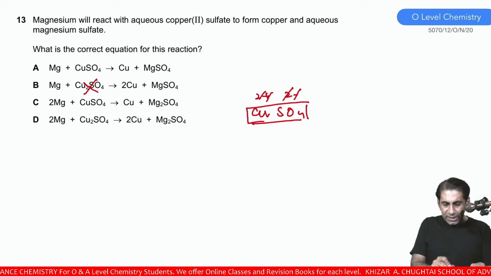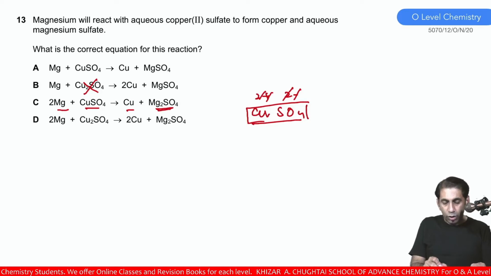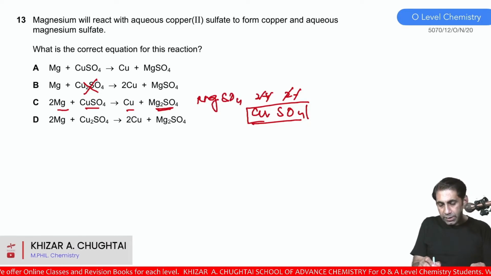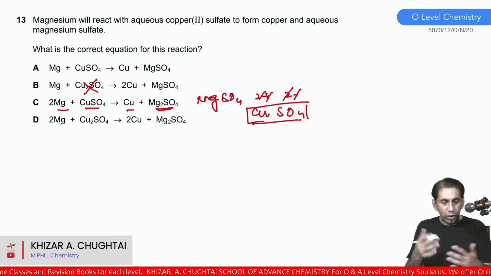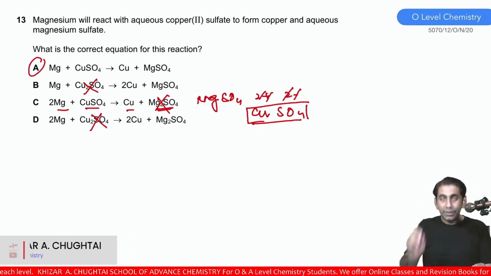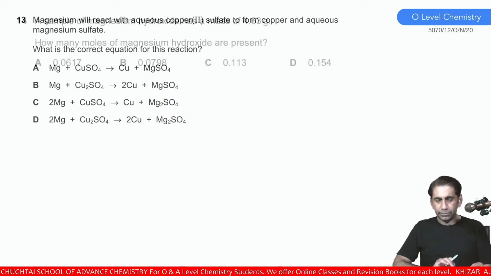Come to C: magnesium plus CuSO4 gives copper plus Mg2SO4. Again, it's wrong. There is no Mg2SO4. The formula of magnesium sulfate is simply MgSO4. So it's wrong. The next one, again, has a wrong formula. It is confirmed that question 13 has the first option as correct.